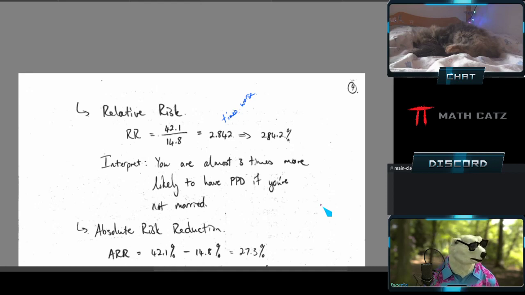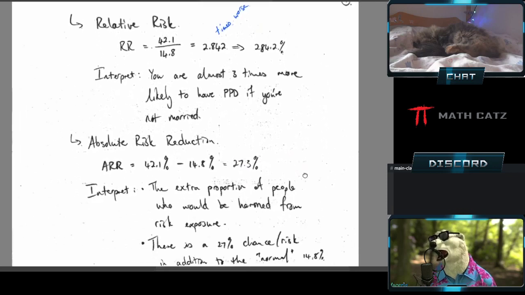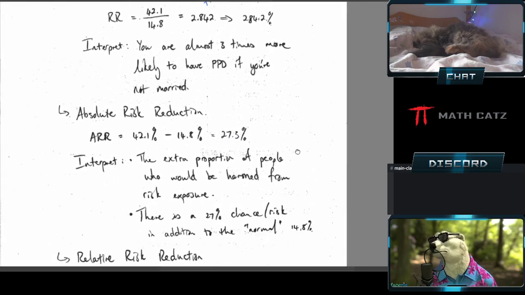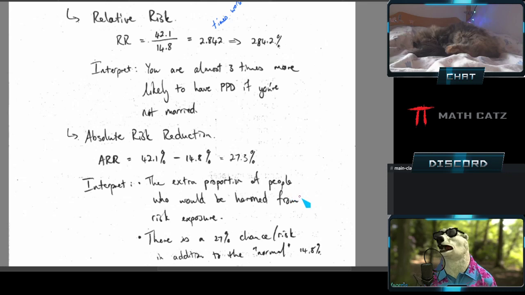Now, addition and subtraction with percentages is not common, but in this case, an alternative is to see the difference between the two percentages, in this case 27.3, and then we can interpret that as the extra proportion of people who would be harmed from the risk exposure.